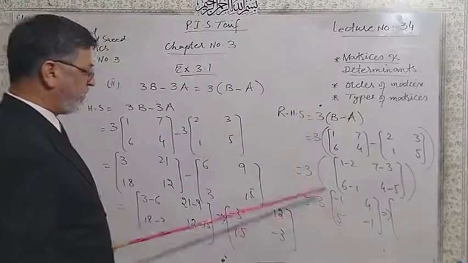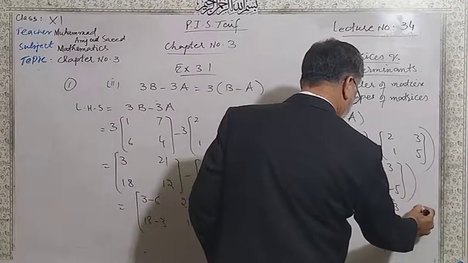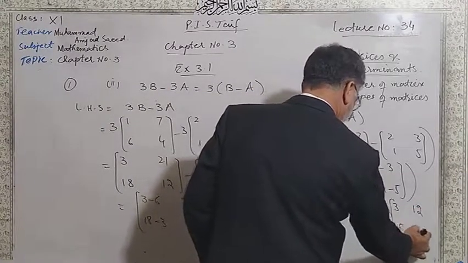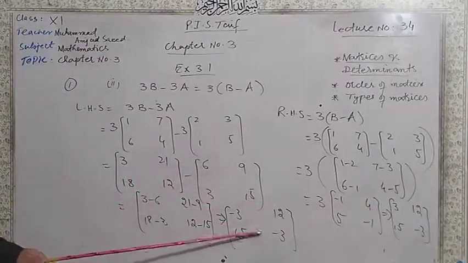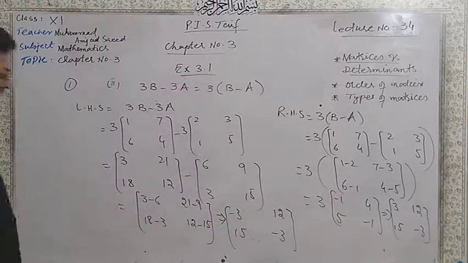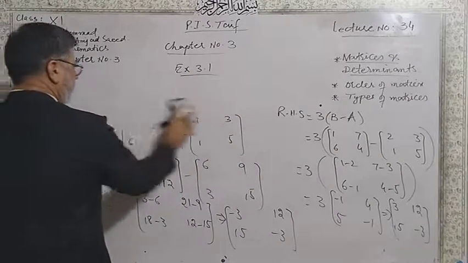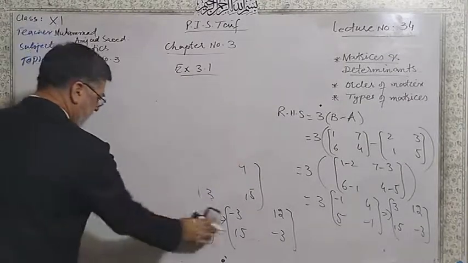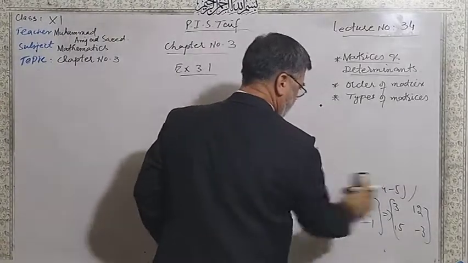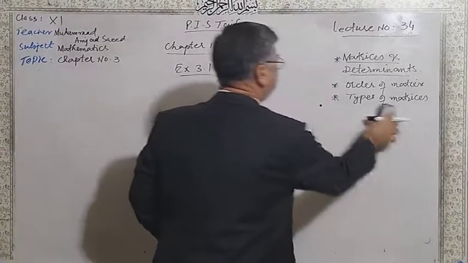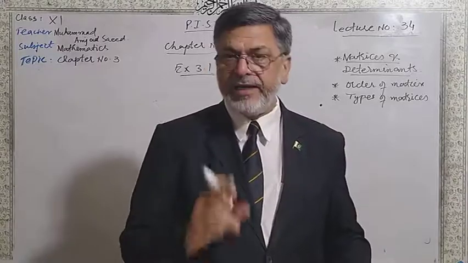Multiply each member by 3. So it will be 3, 12, 15 and minus 3. You can check the same answer is with your left hand side. So left hand side is equal to right hand side. That's your answer. I hope that you have seen these questions in 9th class and they are easy for you people, because they are basic. And you have seen these questions in exercise 1.3, 1.4 even in 9th class.